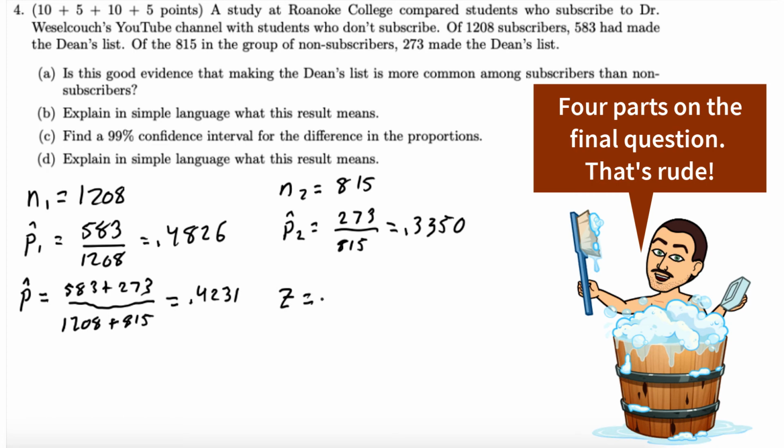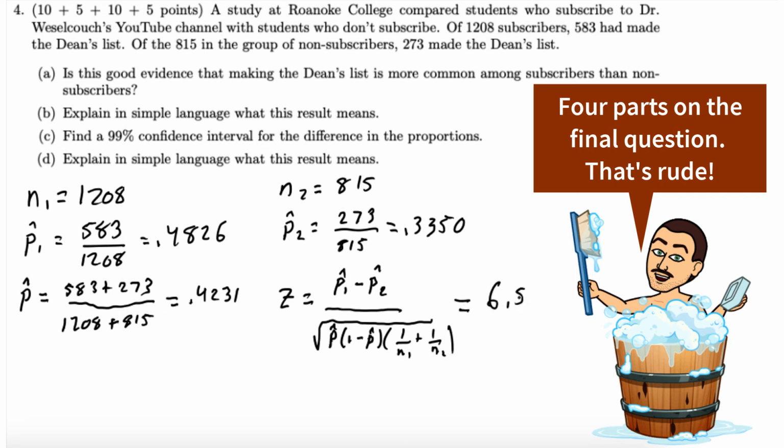And our Z statistic, which we know is p1 hat minus p2 hat over the square root of p hat times 1 minus p hat times 1 over n1 plus 1 over n2. We could just plug in all these values and we get our Z statistic is 6.591.